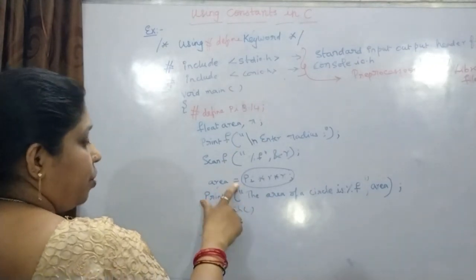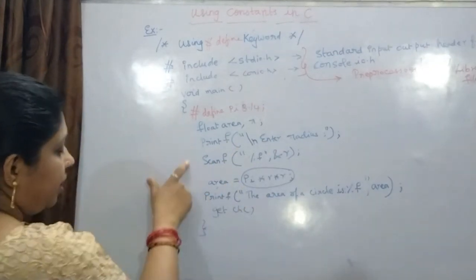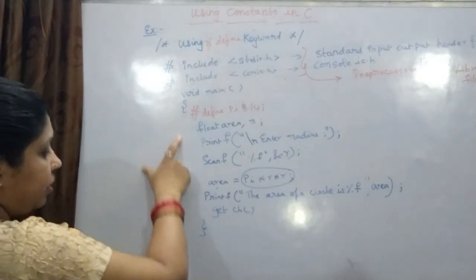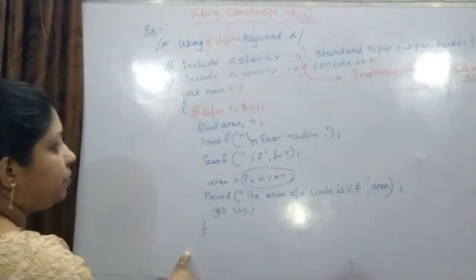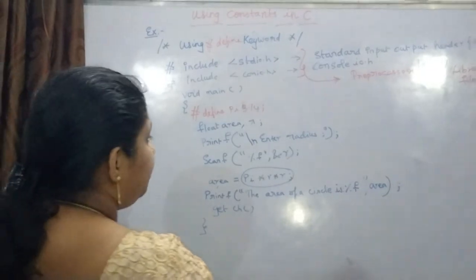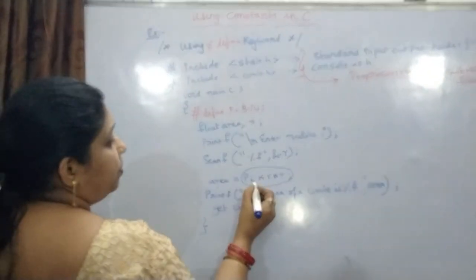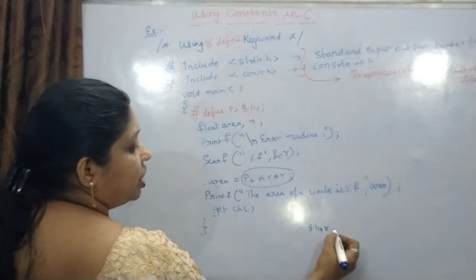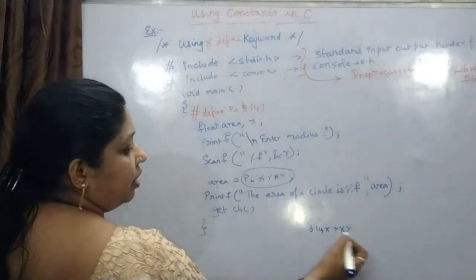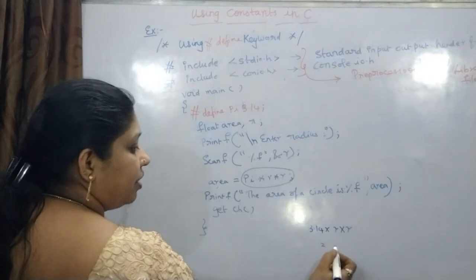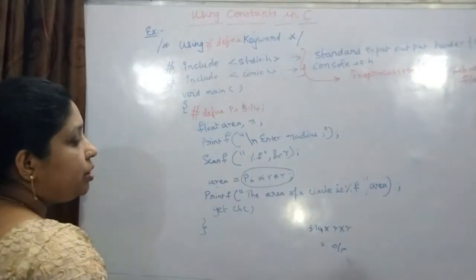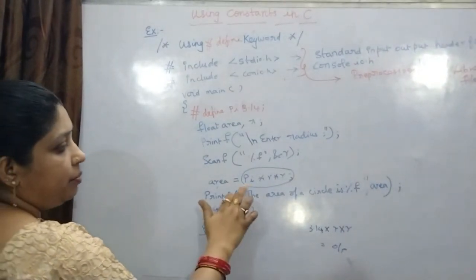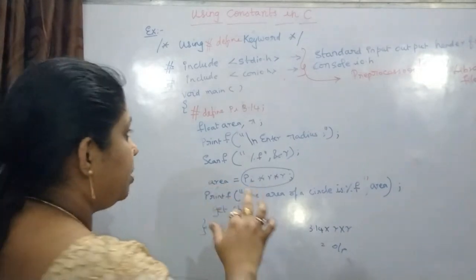Suppose I execute or run this program, the output will be 3.14 multiplied with whichever input you are giving, and it will give some output.